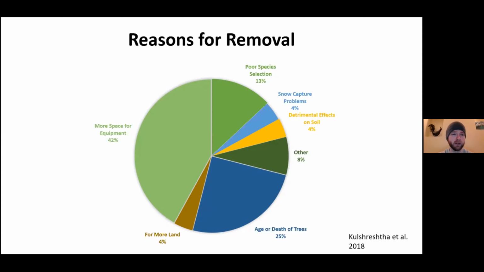A lot of landowners see shelterbelts as taking up land that could be useful for growing crops, but are not necessarily aware of the ecosystem benefits that can be derived, ultimately increasing yield in some cases. So it's important to get that education across.